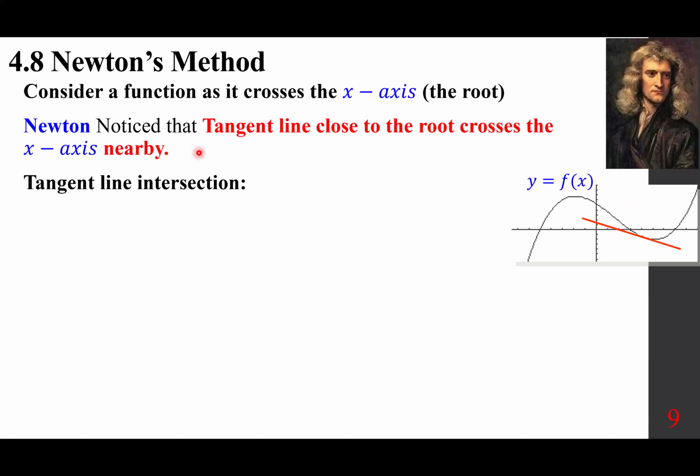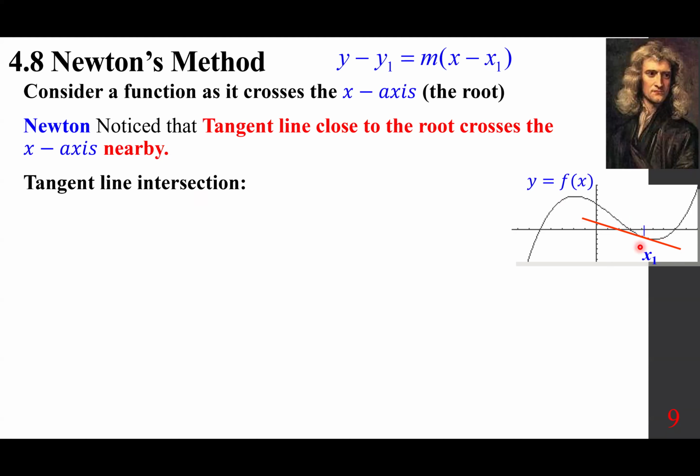So if that is the case, you can find the location of the x-intercept for the tangent. So, tangent line intersection. You remember the formula? y minus y1 is m times x minus x1. That's how you find the equation of a tangent line. So this point is x sub 1.